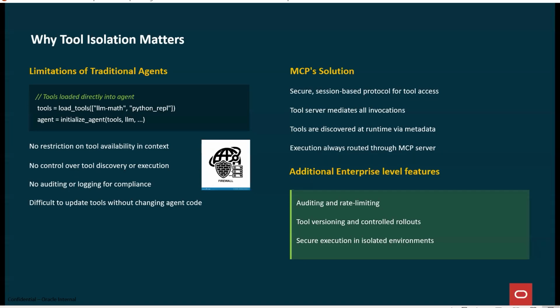Tools are always available in context, whether you want them or not. There is no control over how those tools are discovered or executed, and no auditing or logging for compliance. And if you want to update a tool, you actually have to change the agent code itself, which is messy and hard to scale.